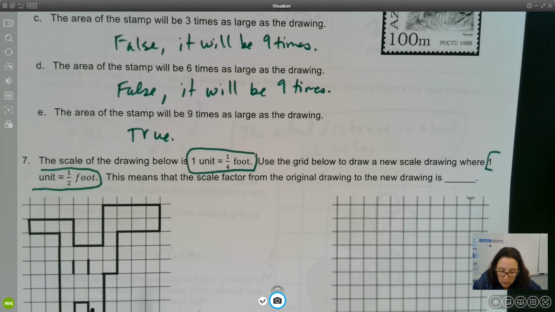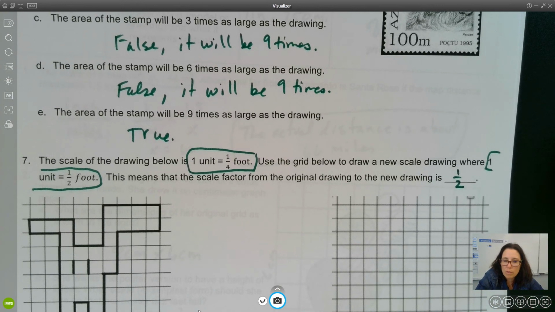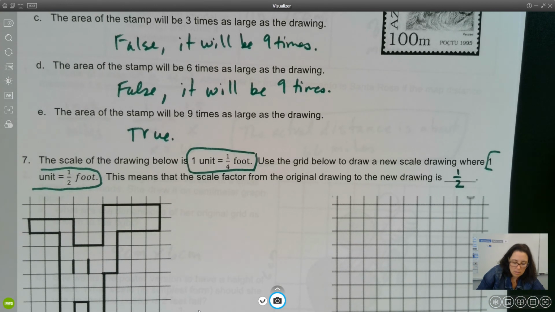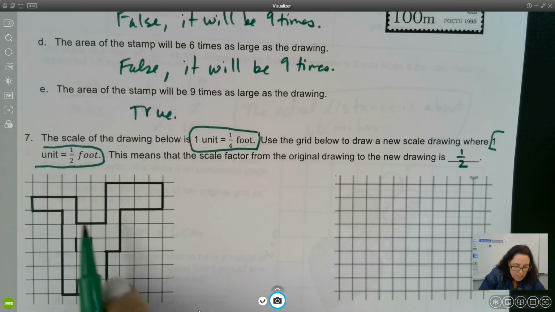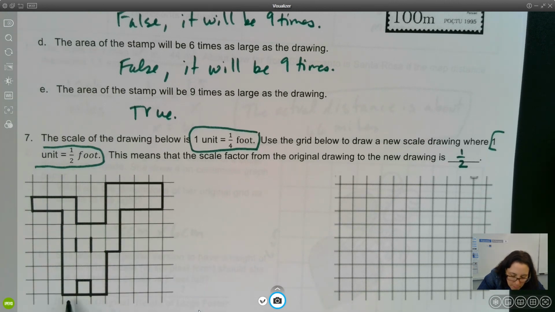So this is 1 unit is a 1/4 foot. And then if we have 1 unit representing 1/2 of a foot, it's going to get smaller. So it has to be smaller than 1. Okay, so everything that you see here needs to be halved. Okay, so this 4, 1, 2, let's start here. 1, 2, 3, that would be 1.5.